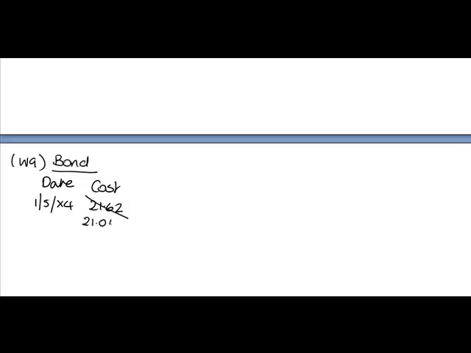We've got a figure here of 21.046. Interest is 4% every 6 months. So in terms of our income statement interest, I've got 21.046 times 4%.